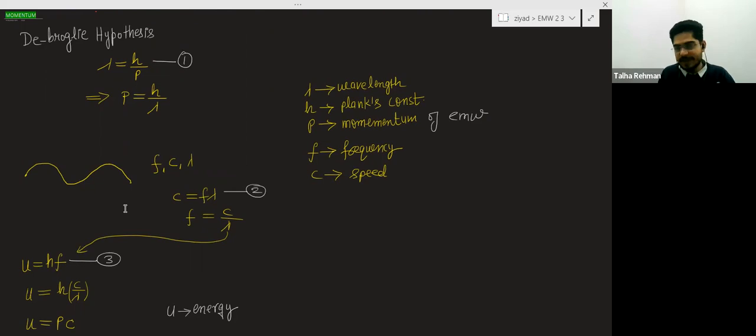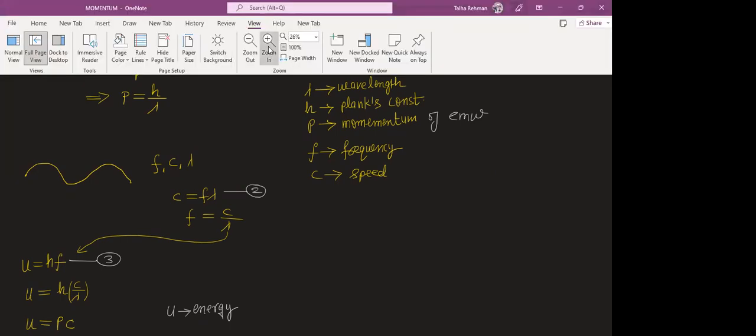In an electromagnetic wave there is oscillation of electric and magnetic fields. So again and again we will not write it. Just note it down.